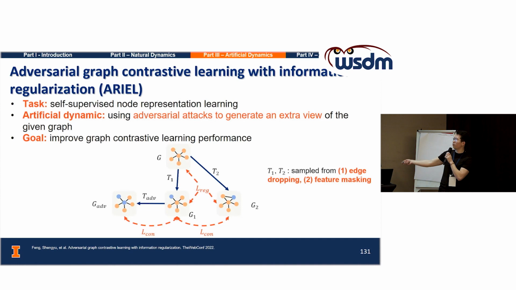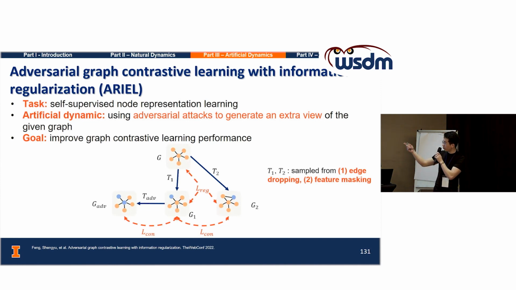So this is the framework of ARIEL. It's a little bit complex, but there are some things in common with the graph contrastive learning work we introduced before. Given a graph G, we also apply heuristic-based augmentations T1 and T2 to generate two views, G1 and G2. This part is the same as the contrastive learning work we just introduced.